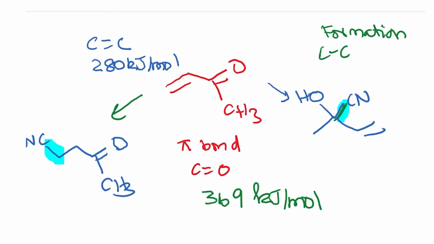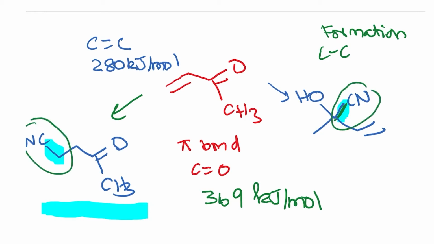Therefore the stability of the 1,4 product is substantially higher, because the common factor here is the formation of these two new bonds, which we would expect to have a similar bond strength. So when a stronger bond versus a weaker bond is being broken, the energetics would definitely favor the breakage of the weaker bond.